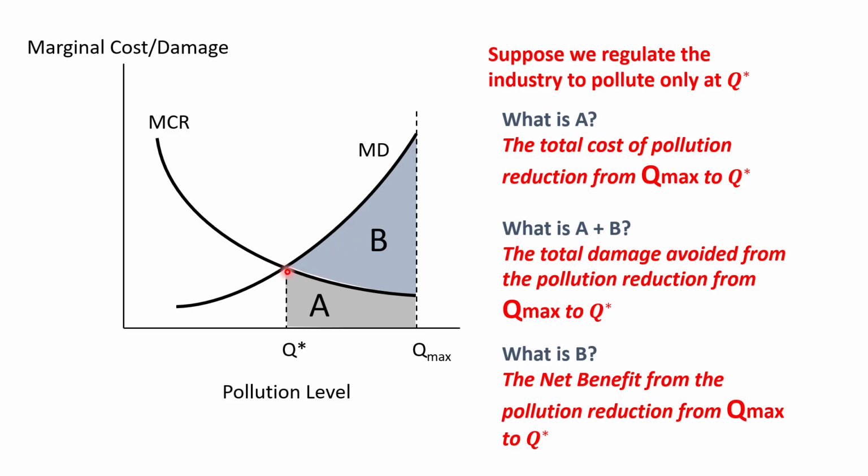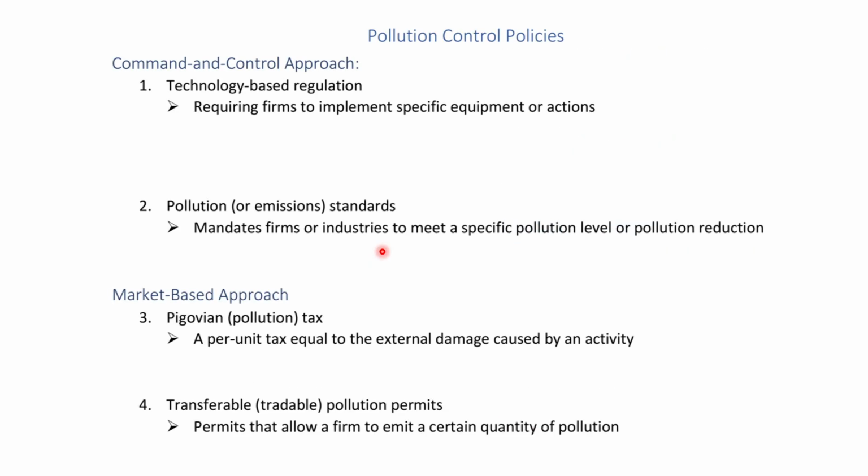We don't have to prove it here, but it is a mathematical fact that if you reduce beyond Q star, the net benefit will be smaller than B here. And you can see pretty clearly that if you stop anywhere before Q star, then B will be smaller. All right. Now we can begin talking about the different types of pollution control policies.